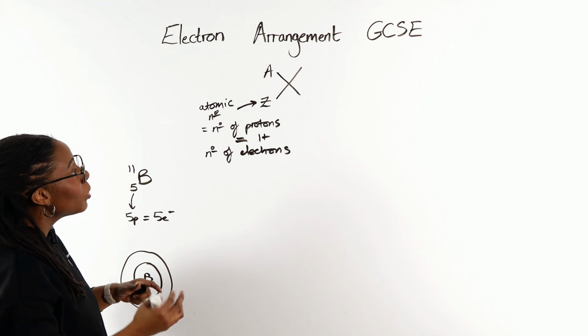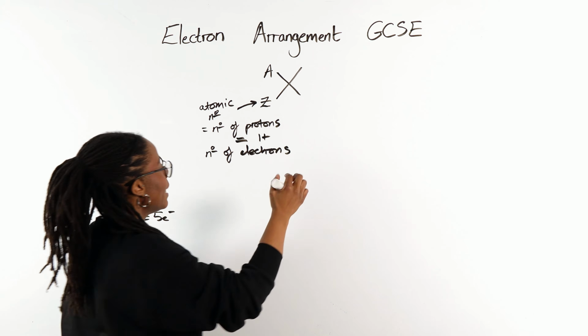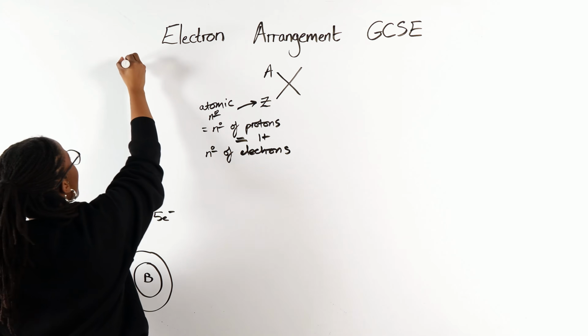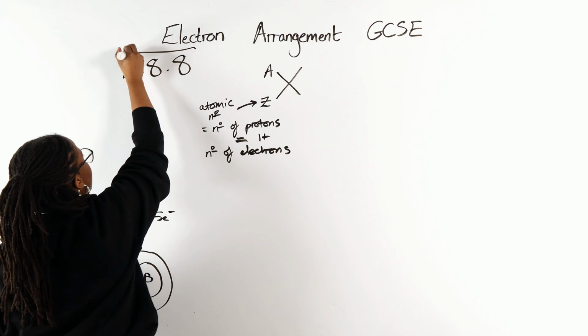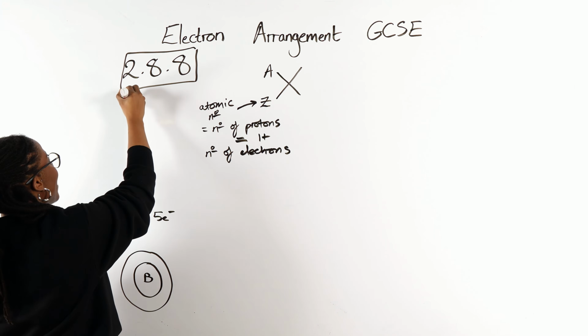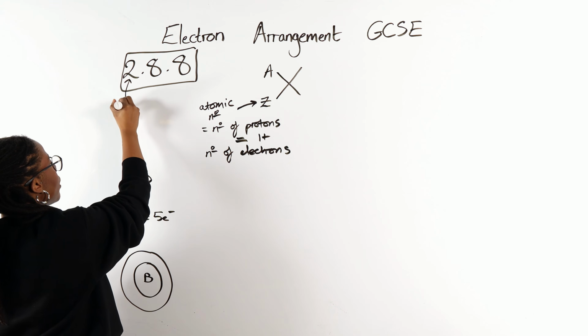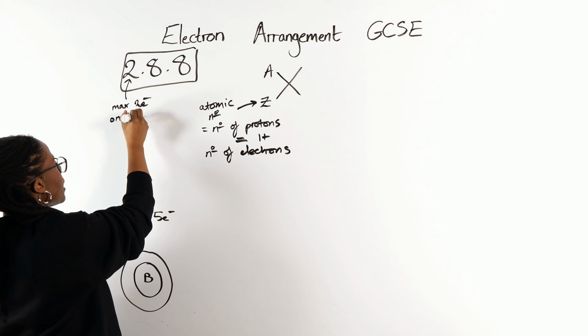The rule that we use for electron arrangement at GCSE is the 2, 8, 8 rule, which means that a maximum of 2 electrons will be able to fit on the first shell.